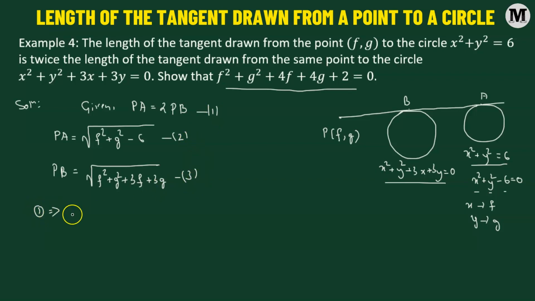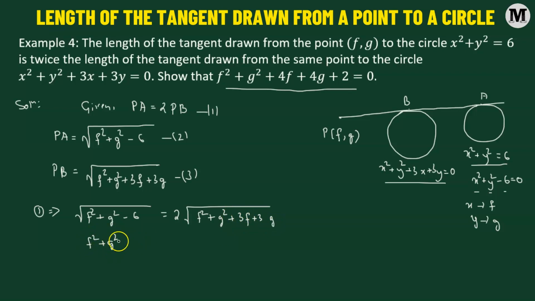So equation number 1 is going to give us the square root of f squared plus g squared minus 6 equals 2 times the square root of f squared plus g squared plus 3 times f plus 3 times g. Now let's square both sides to get rid of the square root.